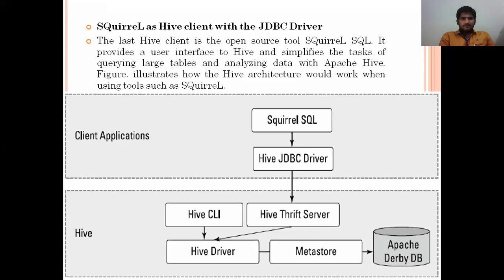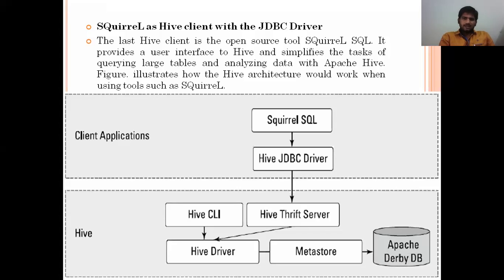So see that the last Hive client is Queryl SQL. It provides a user interface to Hive and simplifies the task of querying large tables and analyzing the data with Apache Hive. The figure illustrates how the Hive architecture would work when using tools such as Queryl SQL.